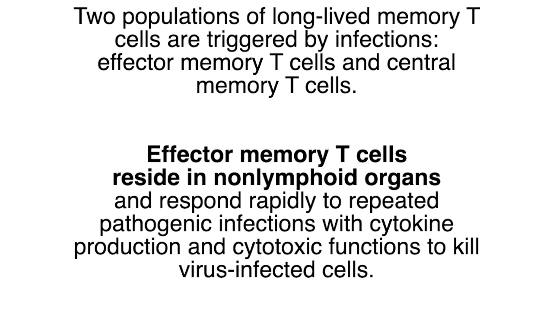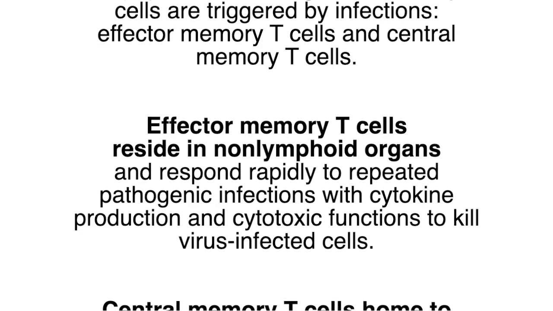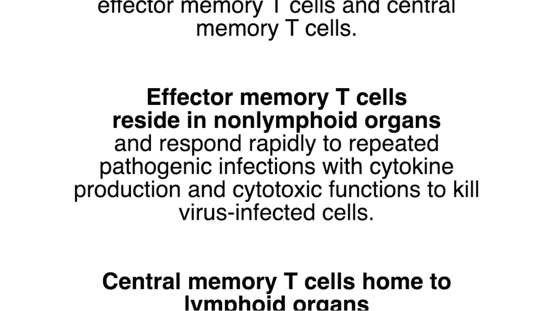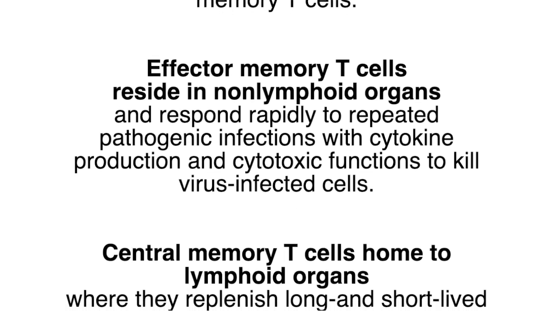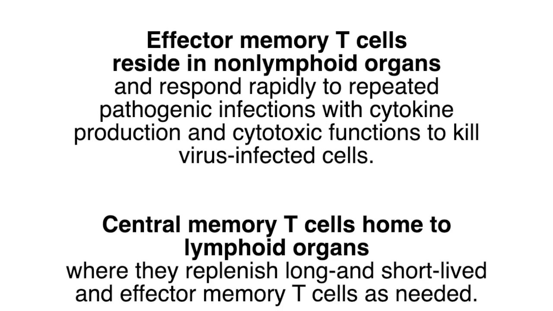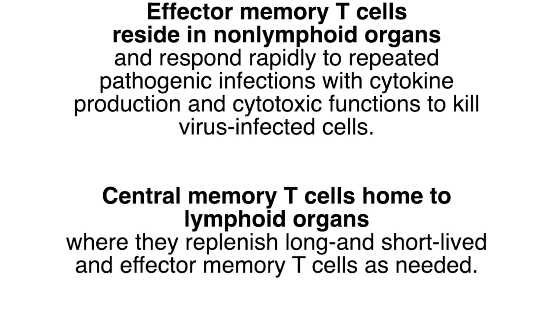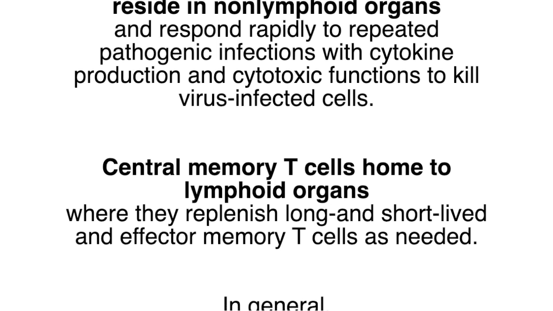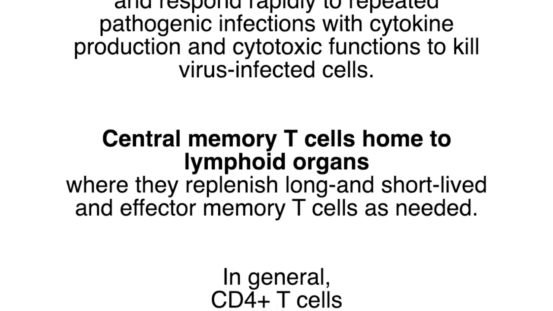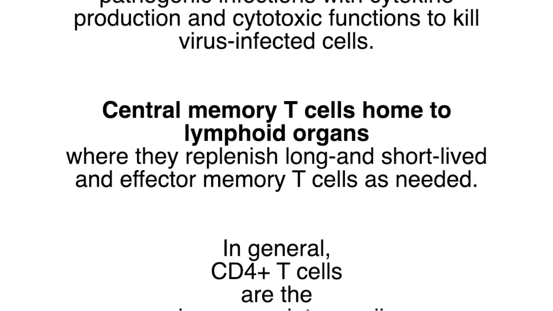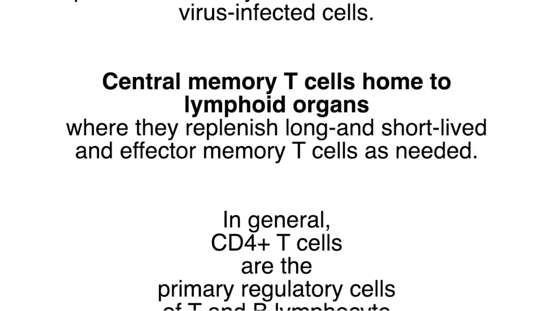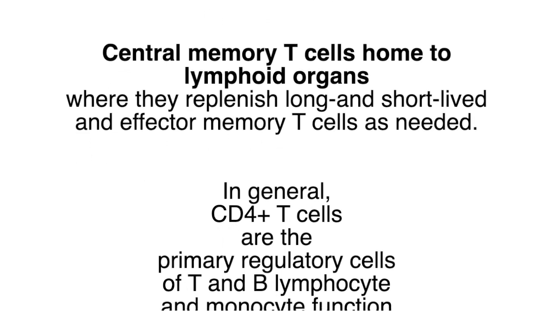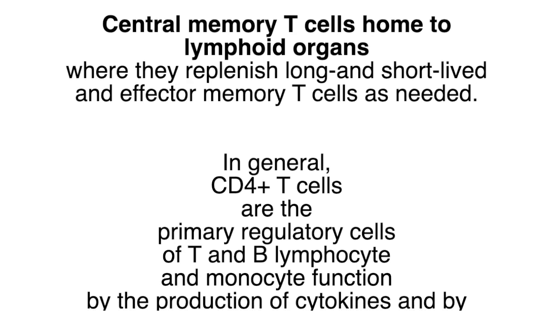Two populations of long-lived memory T cells are triggered by infections: effector memory T cells and central memory T cells. Effector memory T cells reside in non-lymphoid organs and respond rapidly to repeated pathogenic infections with cytokine production and cytotoxic functions to kill virus-infected cells.